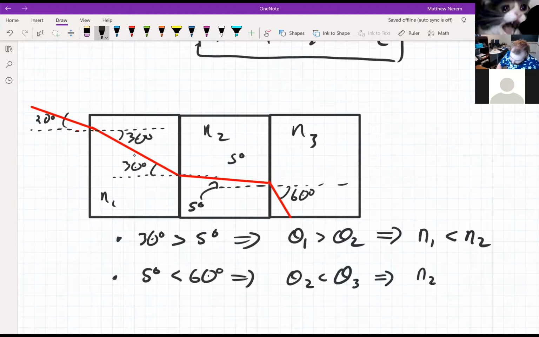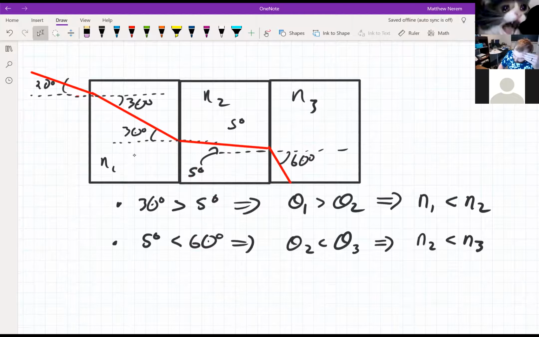So n2 is less than n3. So what we've set up so far, we know n1 is less than n2, n2 is less than n3. So we know n2 is the smallest.